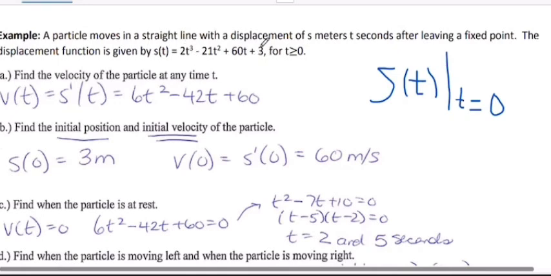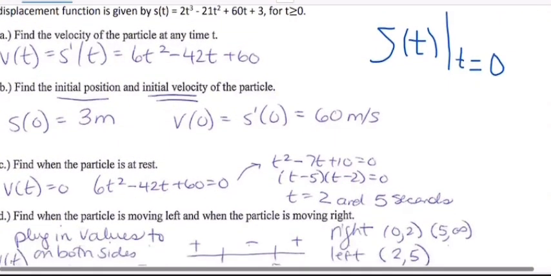That's going to give you 3. And that was why we said 3 here. So s is in meters. And what about velocity at time t equal to 0? We're going to do the same. You're going to plug in 0 here, wherever you see t. That's going to give you 60. So that is how we find the initial position and the initial velocity of the particle.